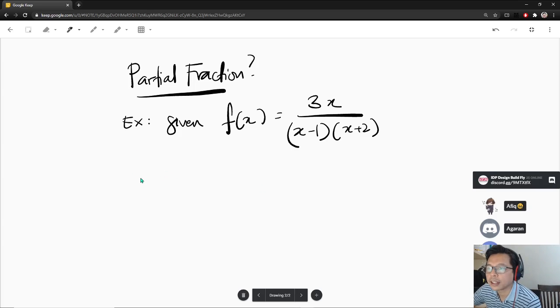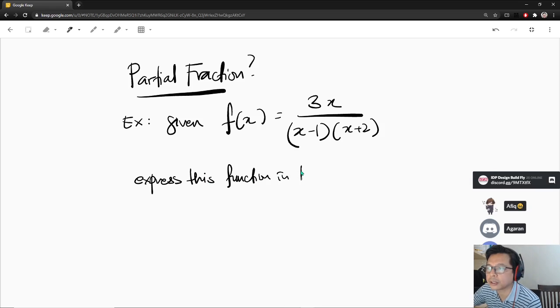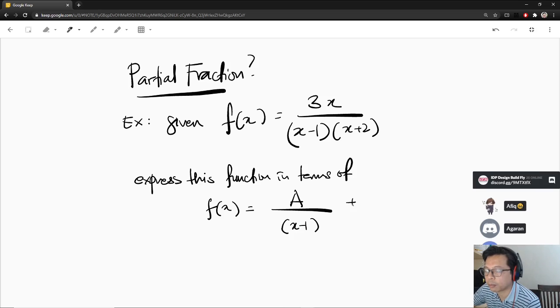Express this function in terms of a something divided by x minus 1 plus b something over x plus 2.